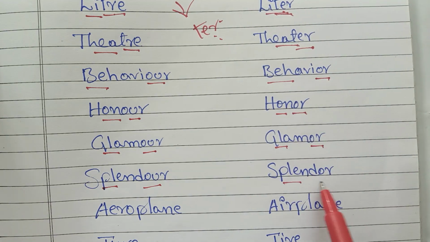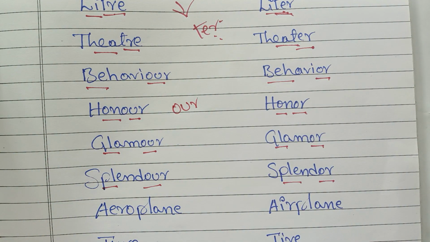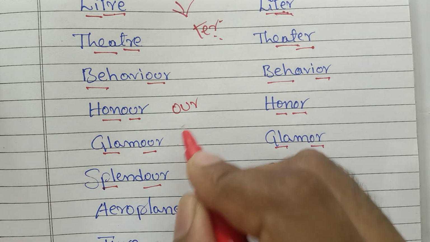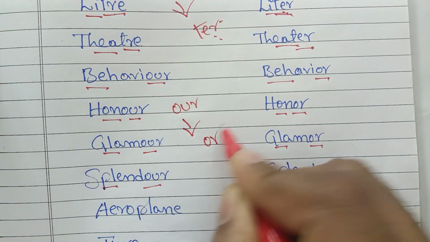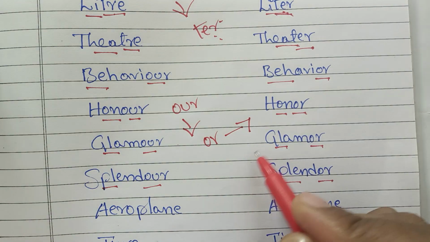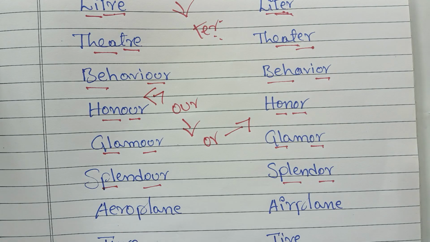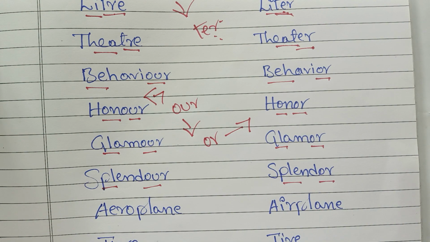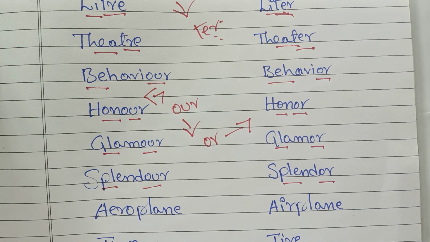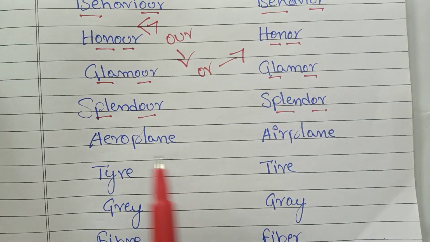So the words which end with OUR in British have in the counterpart just OR. In American spelling it ends with just OR, whereas in British it is OUR. Remember the key points. And finally, we are with some others.